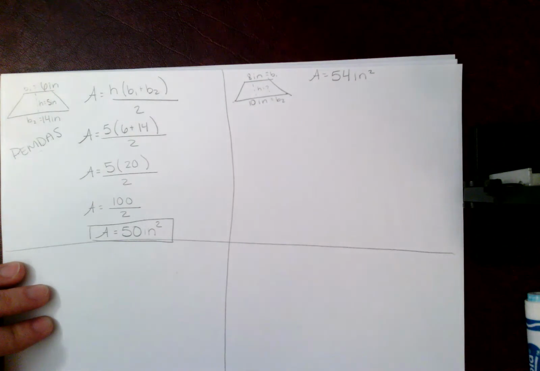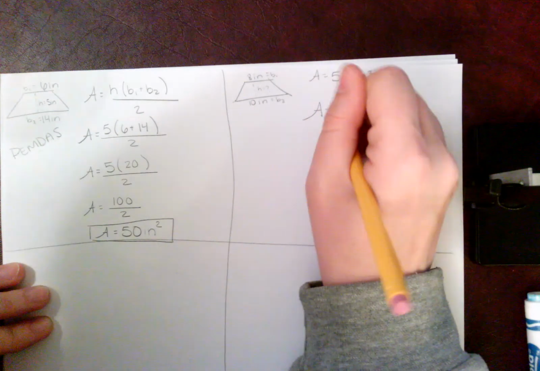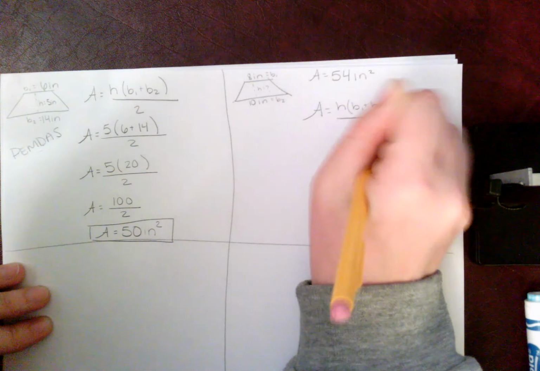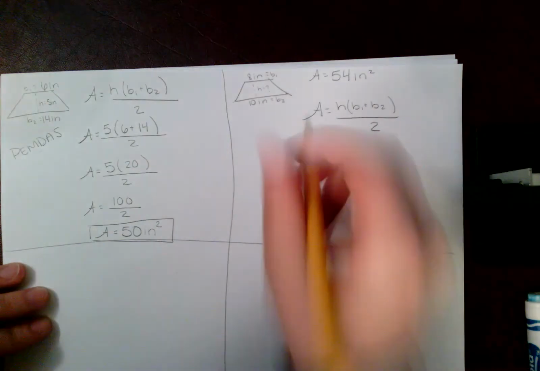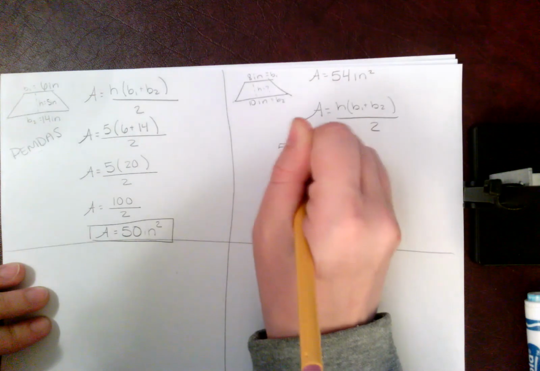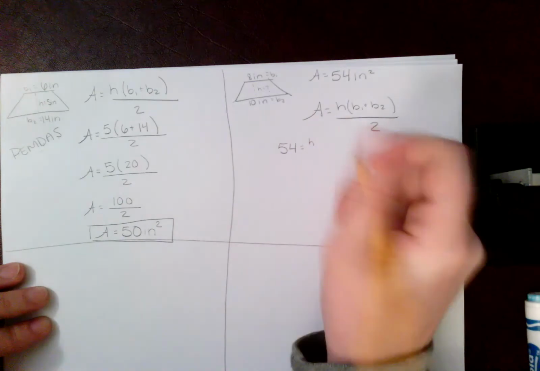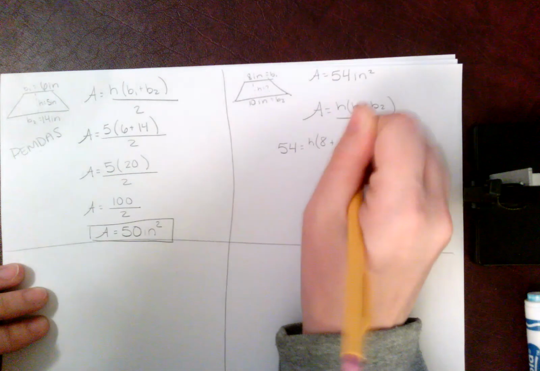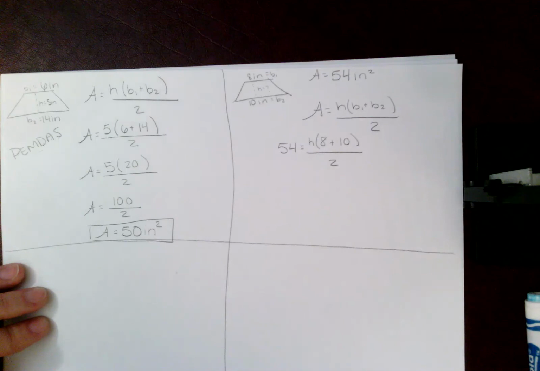So now first thing you do is put in your formula. Then plug in everything you know. My area is 54. My height, I don't know, so I'm just going to write H. Base 1 is 8 plus base 2, which is 10, and all of that goes over 2.